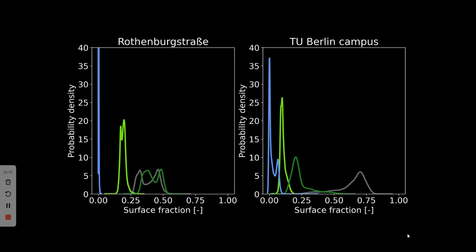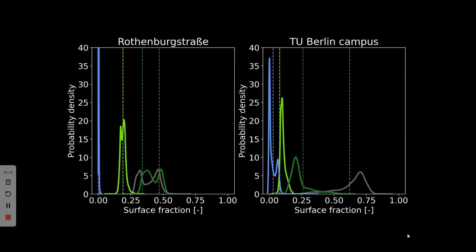And I especially want to show you the impervious surfaces at Berlin campus. There's a range of 50% there. So assuming the values of that radius, it's just not even true most of the time. So that's why we're going to look at it on a footprint basis, so for every time step.